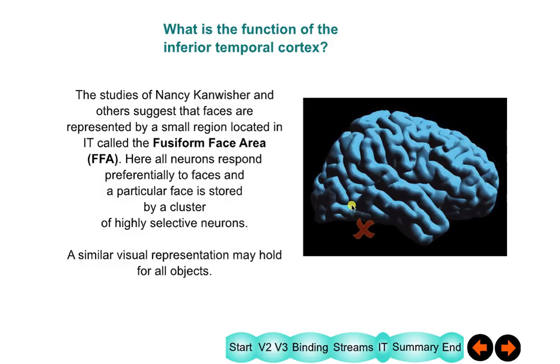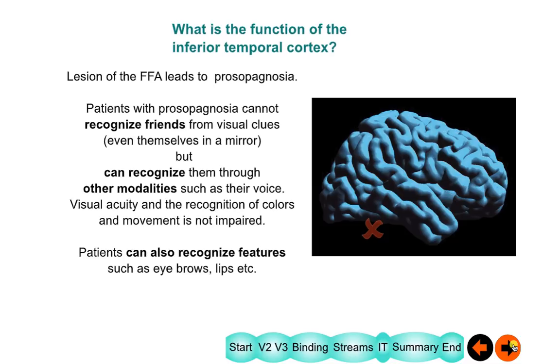And there are other regions that light up for different types of objects. And here you find, in FFA, clusters of cells that light up for particular faces. So, very selective neurons for a particular face.